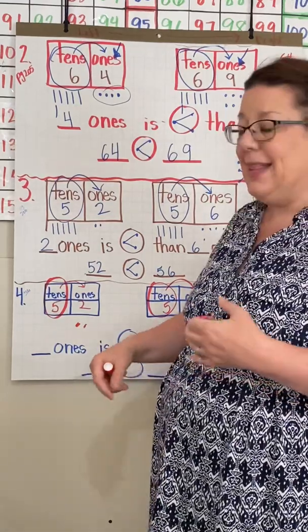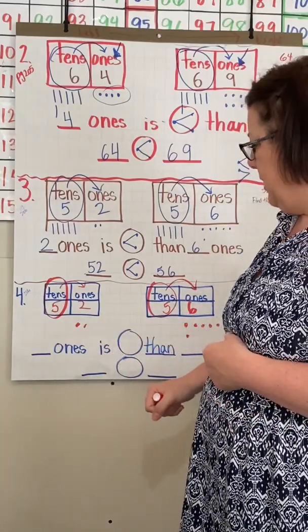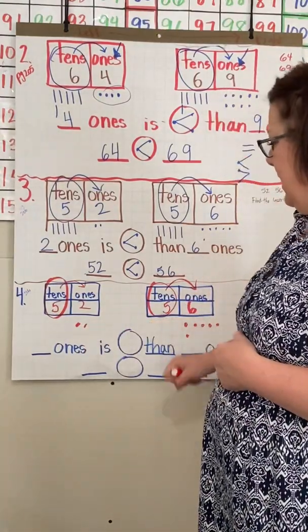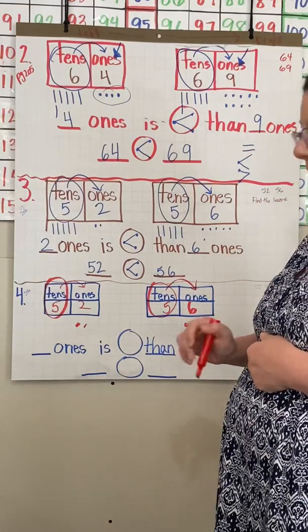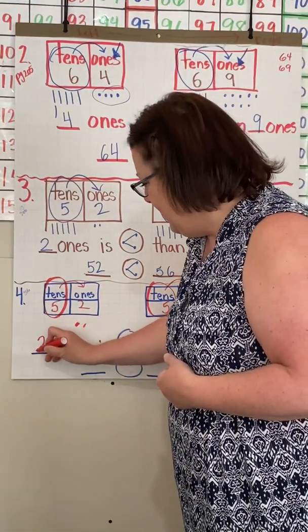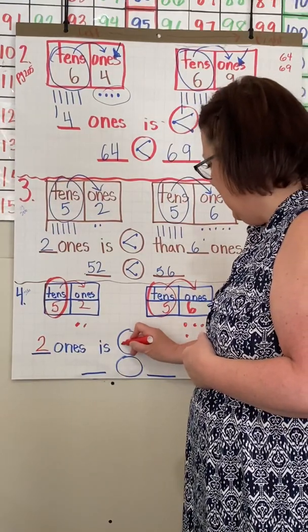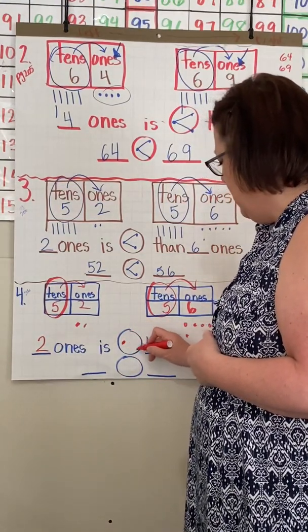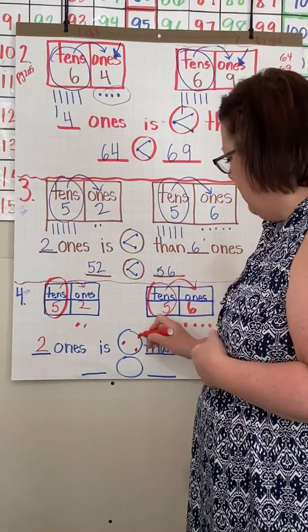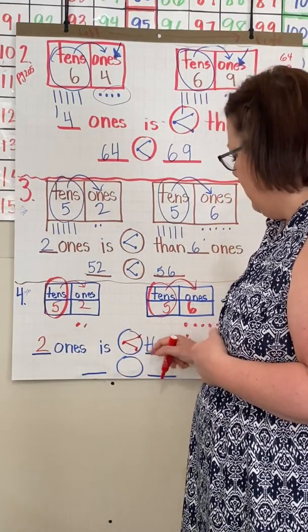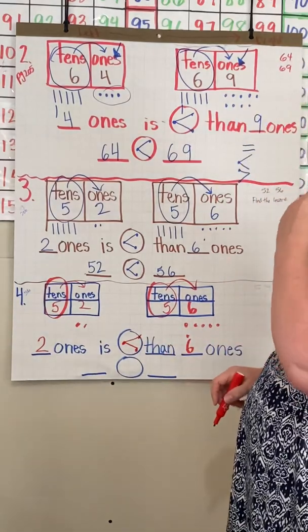And if we're looking at less than, which one is less? 2 ones or 6 ones? 2 ones, right? 2 ones is less, so it gets 1 dot, than 6 ones. Because 6 ones is greater, it gets 2 dots on that side.